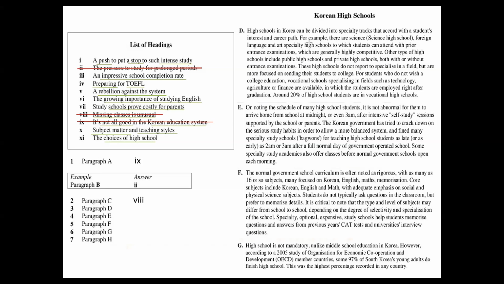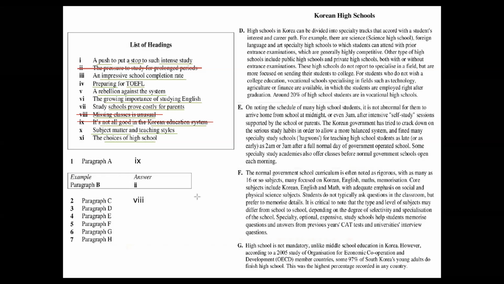It explains about the choices of high school, I think, and then I see the third sentence, other type of high school include public high school and private school. It's like explaining about it.